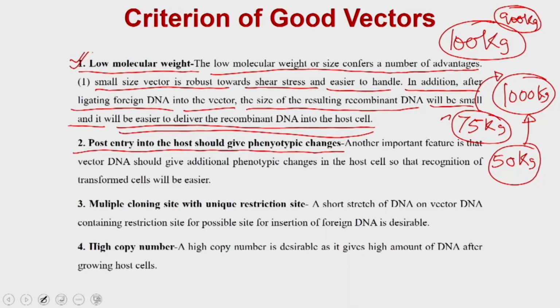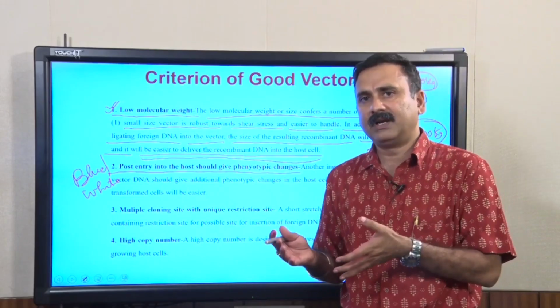One of the classical examples is blue white screening, where the colony color itself will tell you whether a particular host cell is having the vector or not.